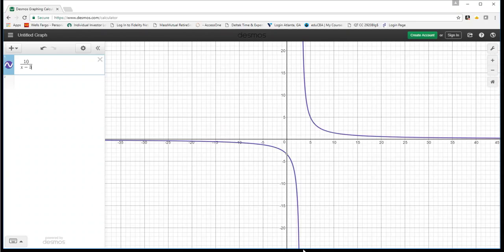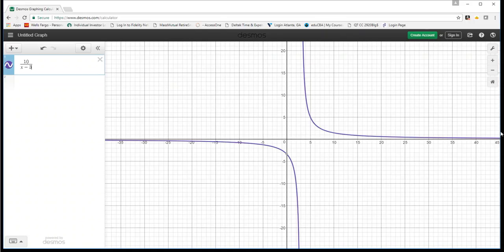And then it's also decreasing from 3 to infinity, because when you're on the other side of 3, if you're close to 3 on the positive side, you're at a very high value.